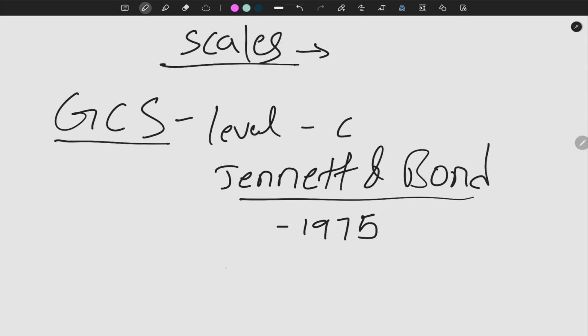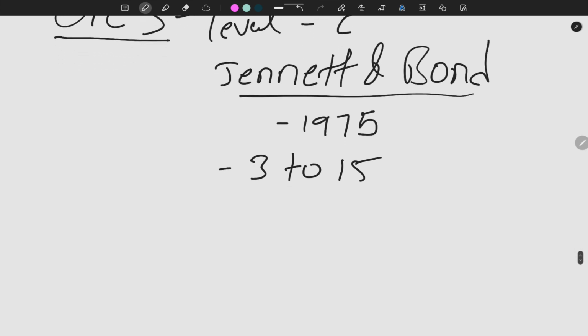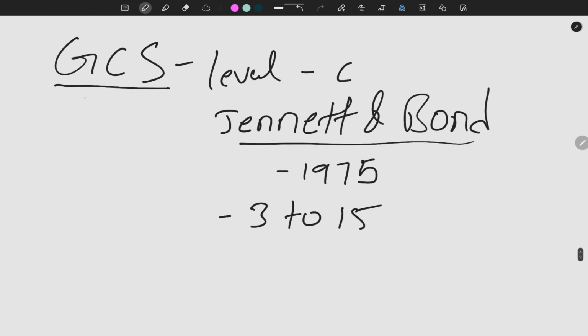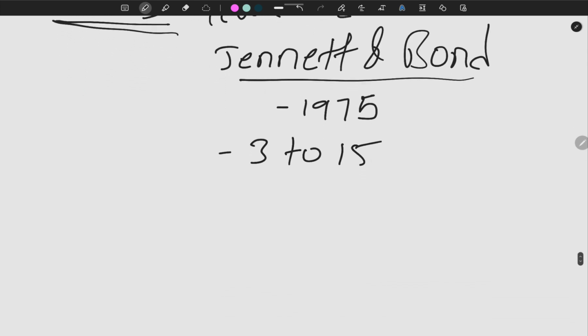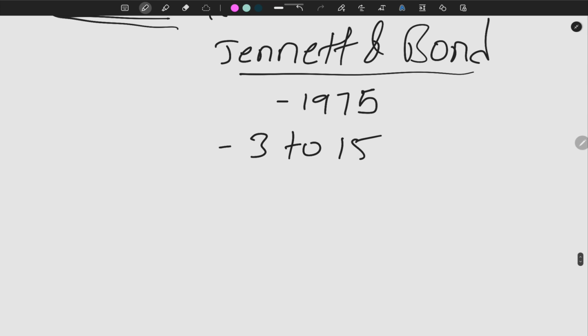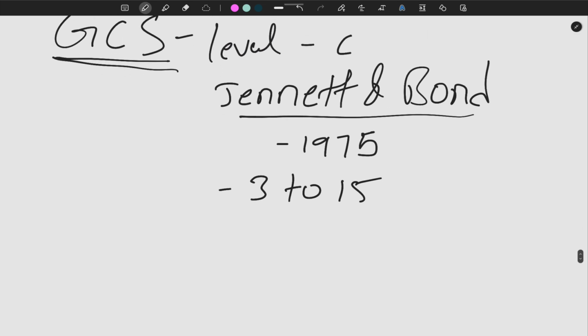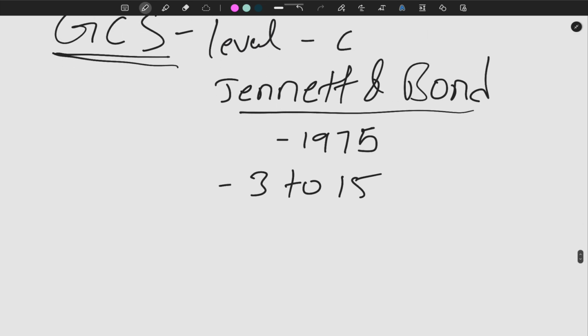In this scale we have a 3 to 15 scoring. So this is a very important scale. You may get a question like: when the patient is having these kinds of features, according to you, what is the GCS score? So you may get a question like that.